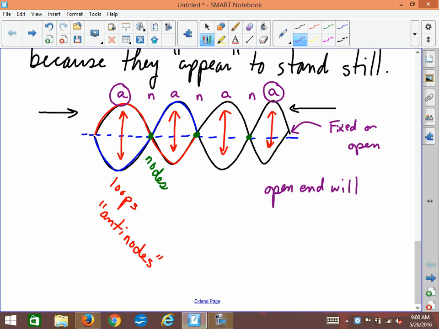So it has to be an antinode. Open or free end will always be an antinode. Because nothing's holding it down, it's going to flip-flop up and down very vigorously. But a closed end, or a fixed end, will always be a node.